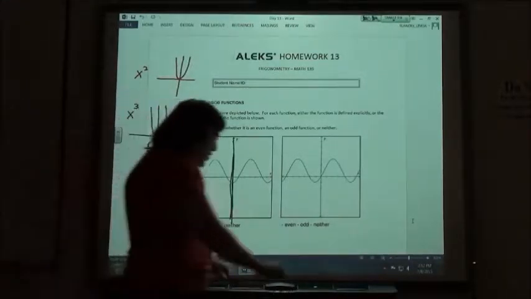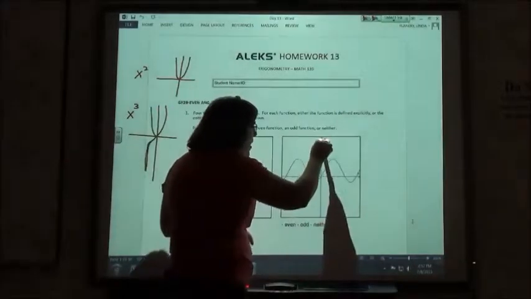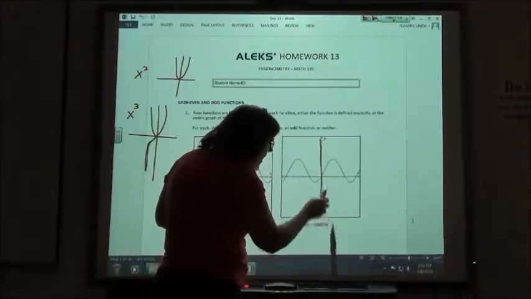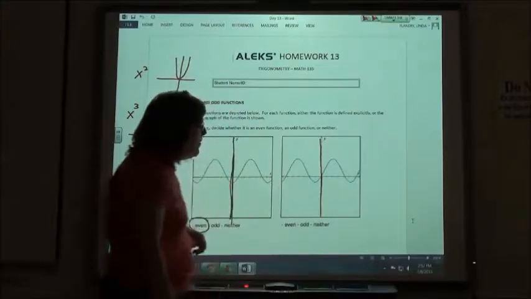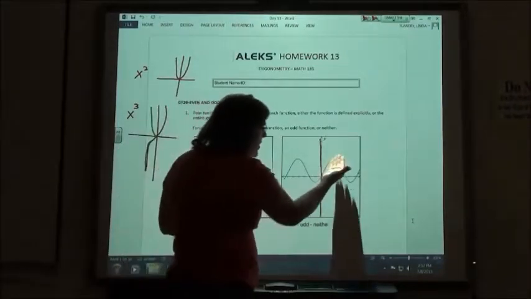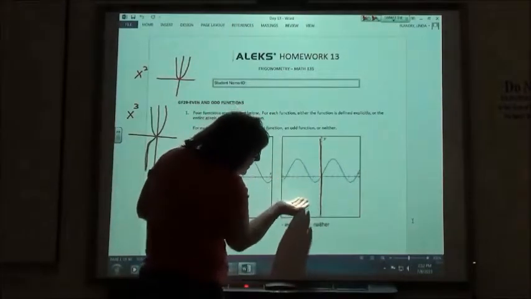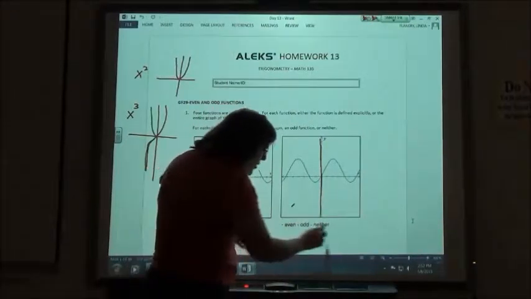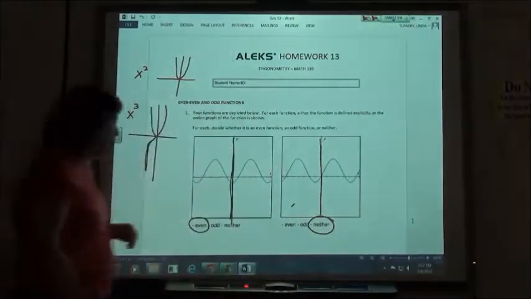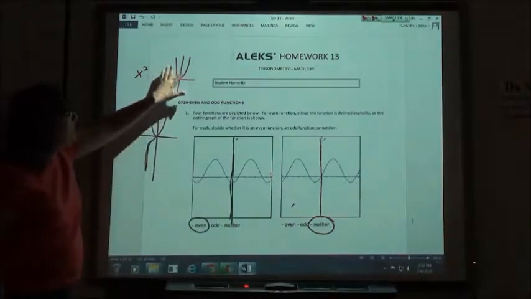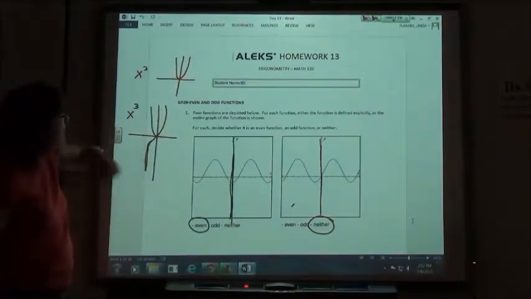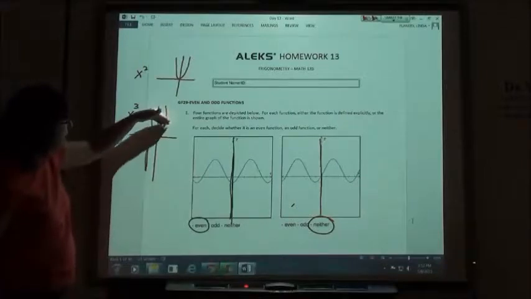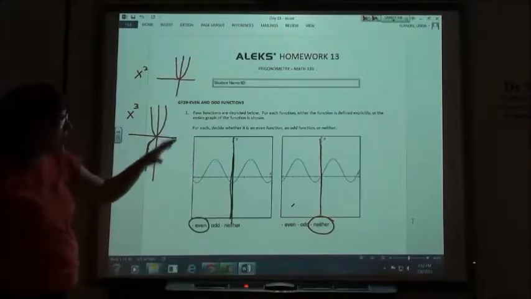If I were going to check the next one, if I cut it right in half along the y-axis, it's not exactly the same on both sides, nor does it go across and then back down diagonally, because then it'd have to be down in here, and so this one's going to be a neither function. So even, you should be able to cut it across with the y-axis. Odd's going to end up being diagonal because I have to go the y and then the x.